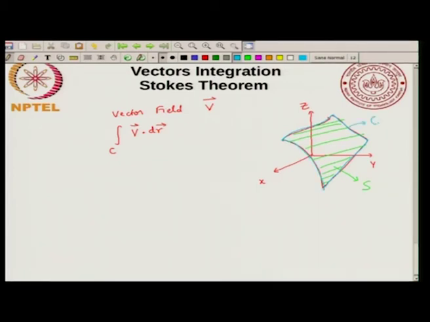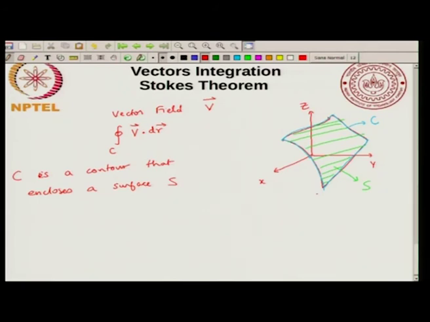So, C is a contour that encloses the surface S. Notice that it's a closed contour. I'll just mark it with a closed loop here. So, C is a closed contour that encloses a surface S.